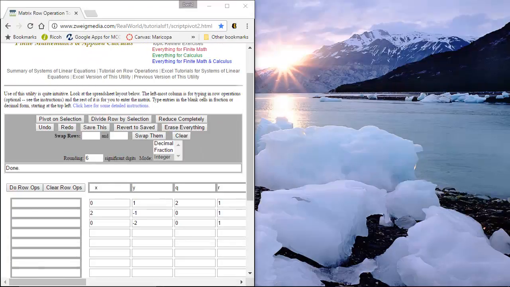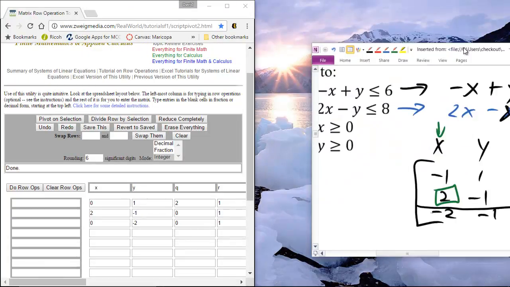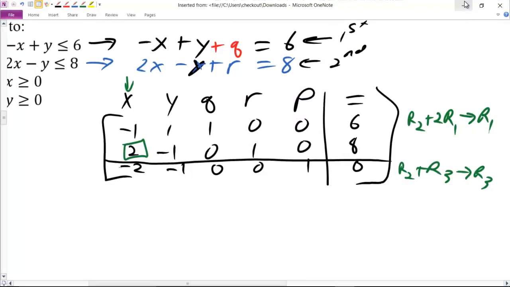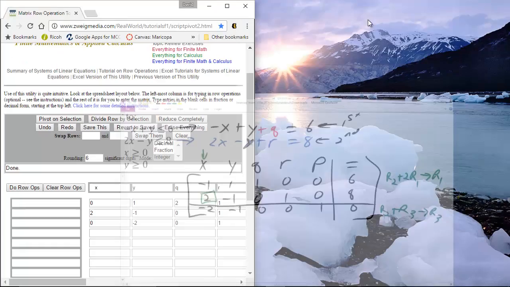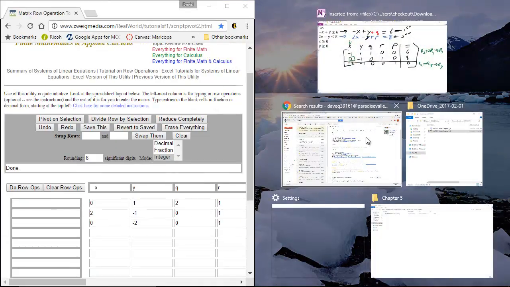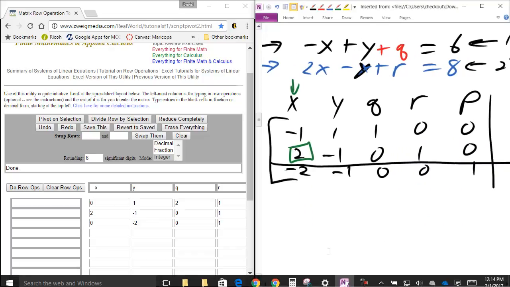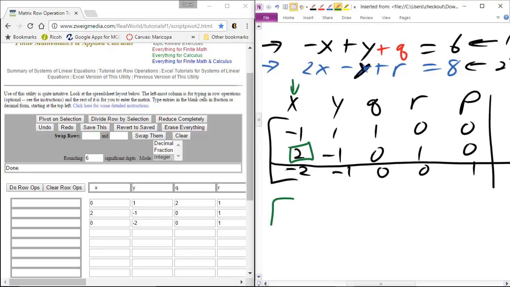So now I have my new matrix that I can copy down. Let me get this to go full screen again. There we go. So we're going to now copy our new matrix that it just spit out for us right here. So I have, what do I have?